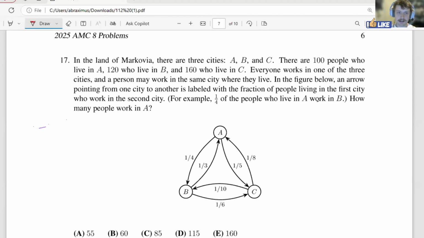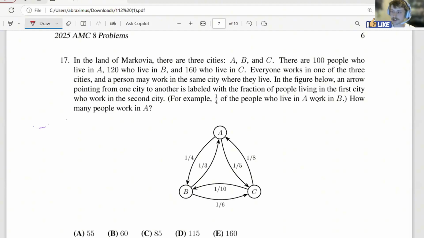So, in the land of Markovia, there are 3 cities, A, B, and C. There are 100 people who live in A, 120 who live in B, and 160 who live in C. Everyone works in one of the 3 cities, and a person may work in the same city where they live. In the figure below, an arrow pointing from one city to another is labeled with the fraction of people living in the first city who work in the second city. For example, 1/4 of the people who live in A work in B. How many people work in A?